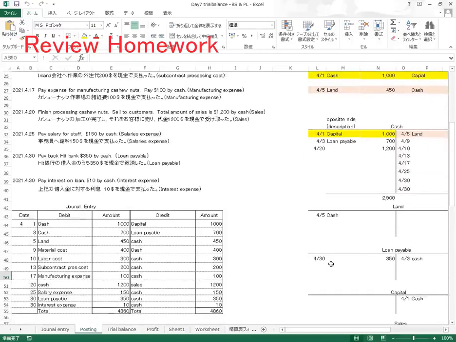After you make the journal entry, you will sum up each account title. That is the posting. Do you remember the T account?